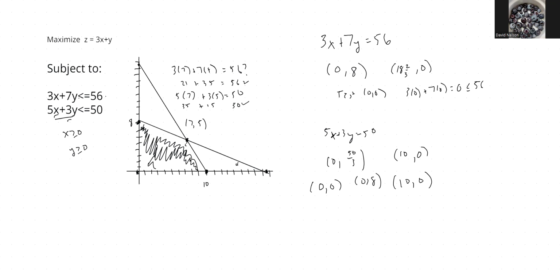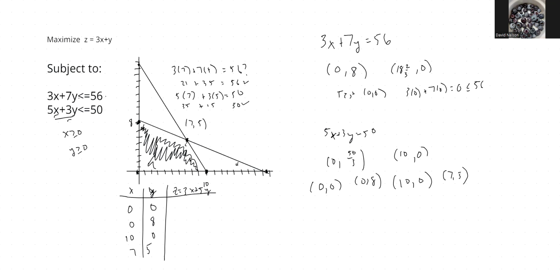So I have those 4 points to check as my potential solution values. We know that if a maximum occurs, it occurs at one of these corner points: 0, 0, 0, 8, 10, 0, and 7, 5. And if we plug those into z, which is equal to 3x plus y, let me erase that 5.